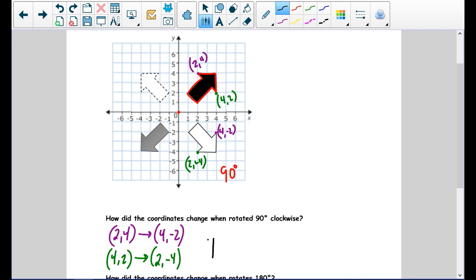So we have a rotation around the origin, okay, and in this case it's going to be 90 degrees. So we put a little 90 there. Original values are x and y, and we're going from 2, 4 to 4, -2. So what happens is this y value goes to the front.